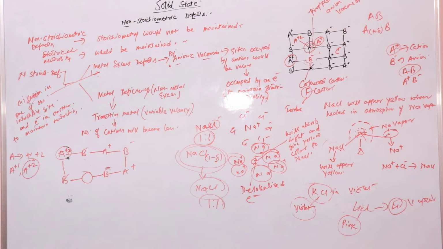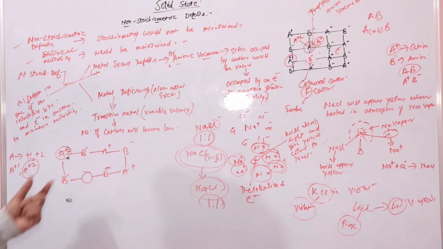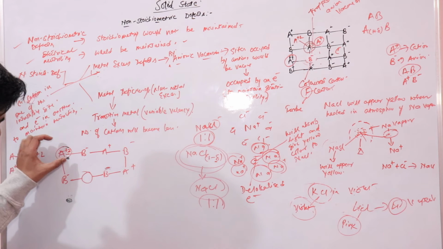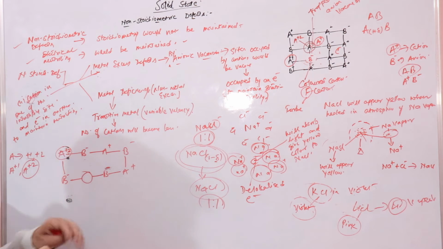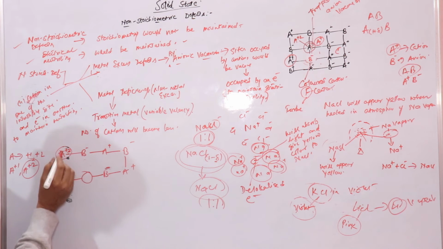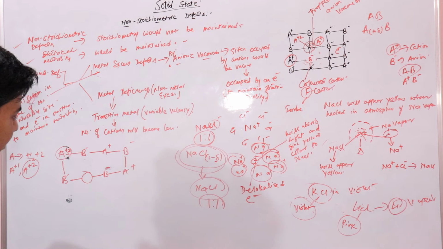So here you can see, to maintain electrical neutrality, because earlier we said we need to look at two things: electrical neutrality and stoichiometry. Stoichiometry is not maintained because one of the sites is vacant, right? Here from this site A+ is missing, right? So we still have one vacant site, and one of the sites is taken over by a divalent cation, right?